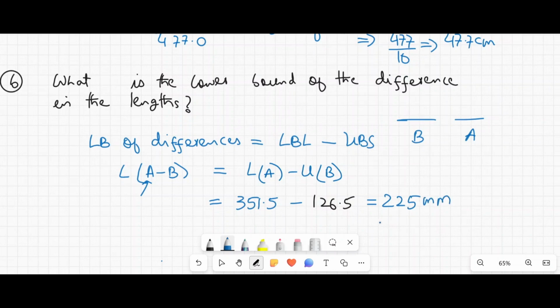While converting this into centimeter, you divide 225 by 10, and you will get 22.5 centimeter. So this is in centimeter.